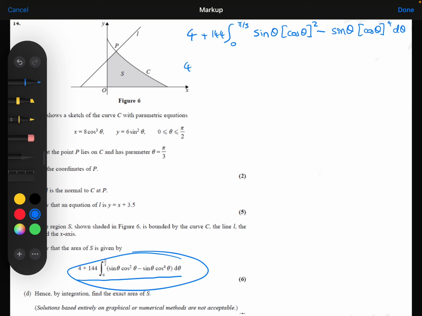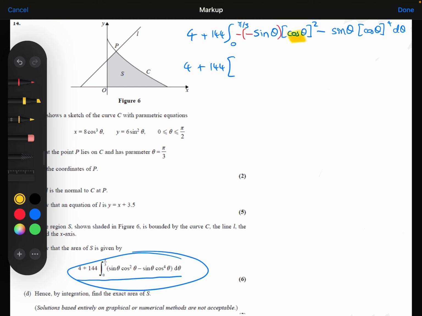Let me just copy this bit down first of all. Right, and I'm looking at the cos theta on the inside there, and that differentiates to be minus sine theta, which is not exactly what I've got there at the moment, but that's fine. I can make it become a minus as long as I introduce another minus there. Let me just repeat that.